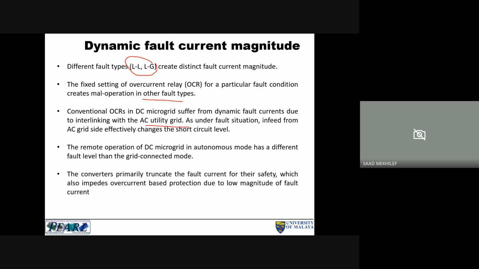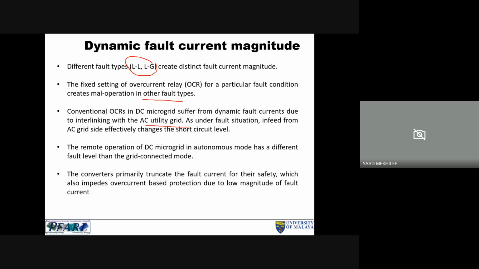The remote operation of DC microgrids in autonomous mode has a different fault level, same as AC microgrids. When operated in autonomous or islanded mode, it has different fault levels than when it is in grid-connected mode.